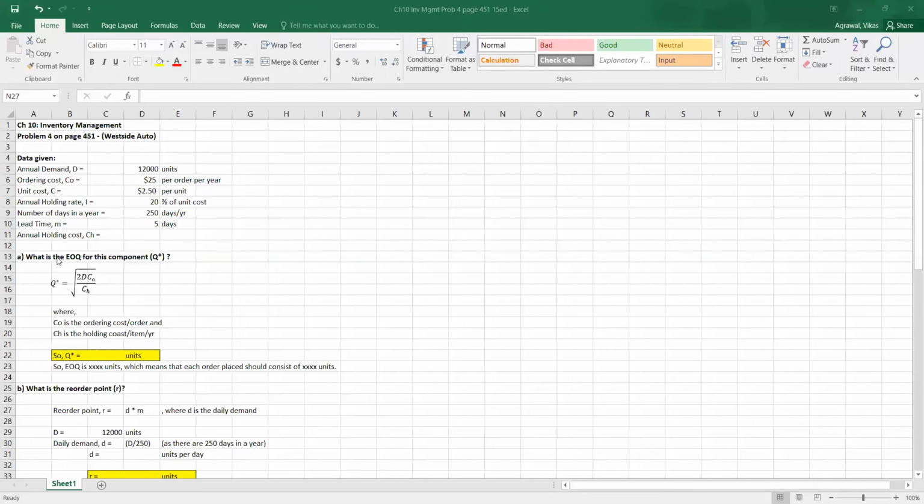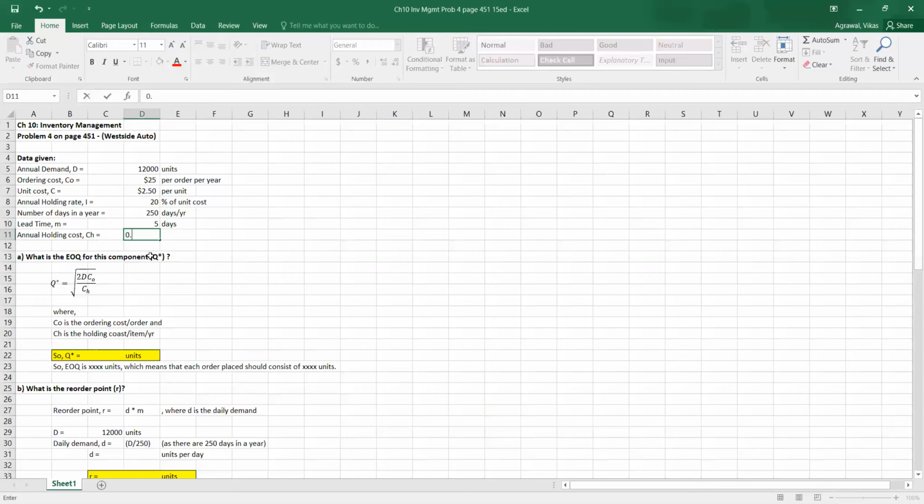So first, we can go ahead and calculate the annual holding cost. That's the carrying cost to carry one item or one component throughout the year at your warehouse. So the holding cost is going to be calculated as 20% of the unit cost.